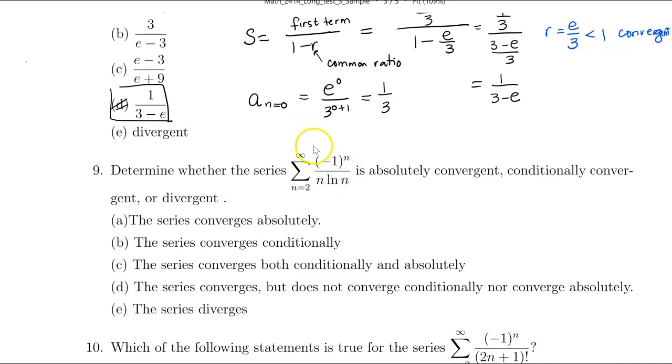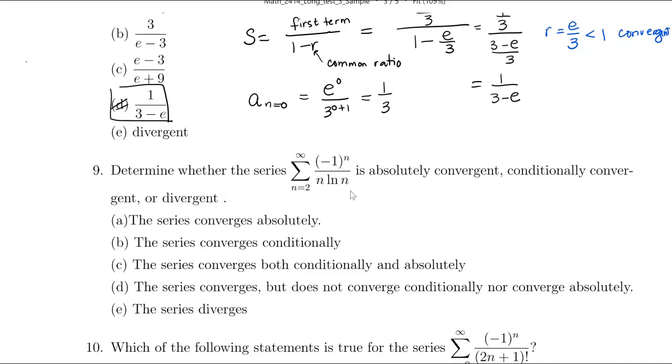But then when you take the absolute value of the series and determine the convergence of that series, and you find out that it is divergent, then that series is conditionally convergent. So that's the definition of conditionally convergent: the series is convergent, but its absolute value is divergent.